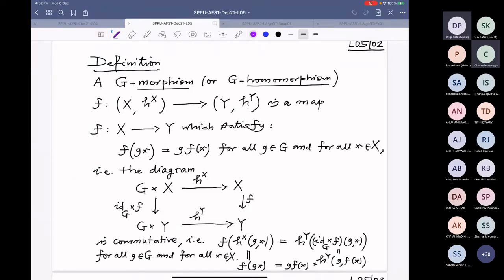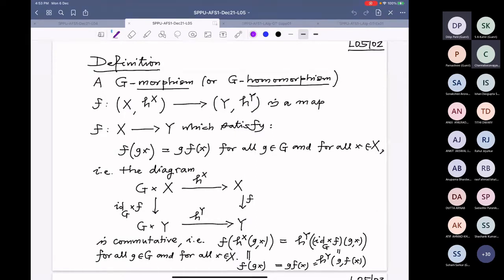A map F from the set X to Y is called a G homomorphism if it satisfies this condition, that is, it is compatible with the operations of G on X and Y. That means whether you operate small g on small x and then apply F, or you apply the map first and then apply the operation of G on that element F(x), where F(x) is in Y. So you see here, we are writing the same notation, but it is understood where we are operating the maps.